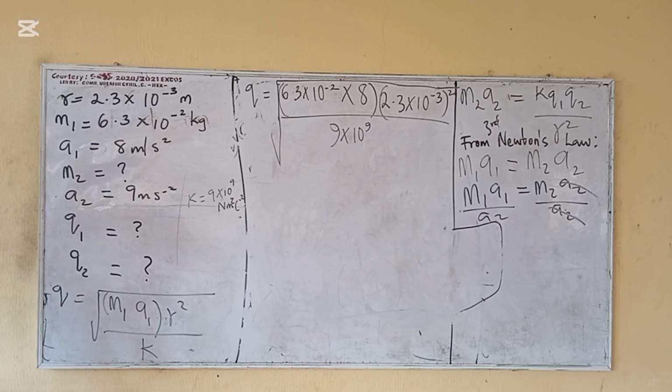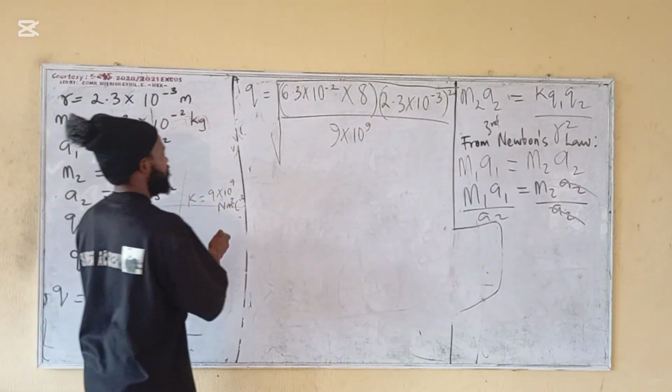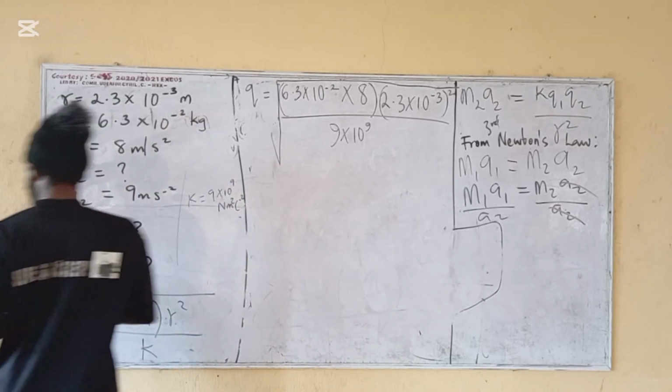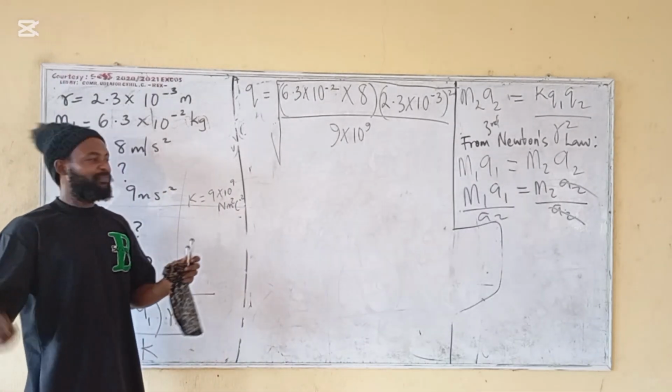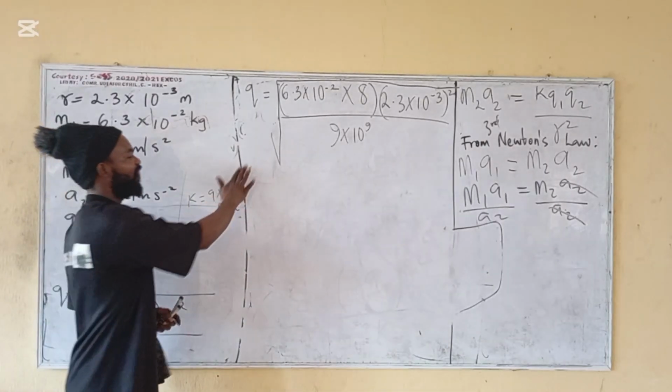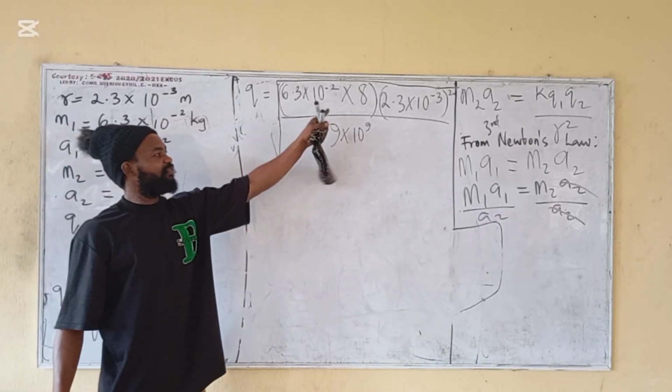So I punch, let's see what you have. What do you have? 17.2 for everything. Alright, check if it's correct. Now on your calculator, you will check the mode. Punch everything here.